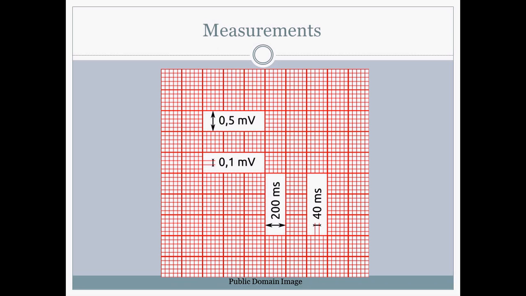Typically, the measurements are made either with a ruler or with a set of calipers. I greatly prefer calipers, mostly because unless you're using standardized paper, which is this red paper that you see an example of on the screen, it's difficult.